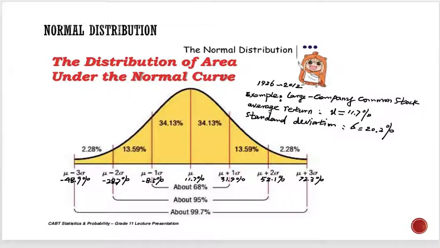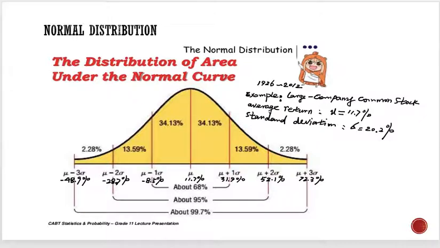About 99.7% of the data set fall into this class interval, mu minus 3 standard deviation, mu plus 3 standard deviation. Because this curve is a bell-shaped curve, it is symmetric about the mean.